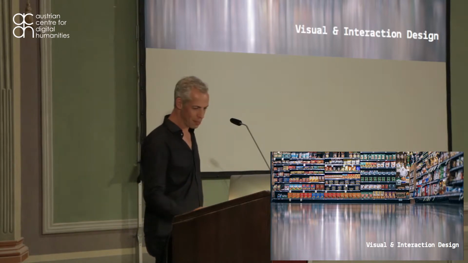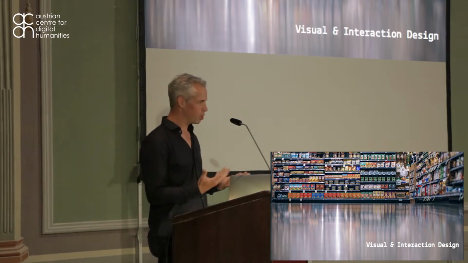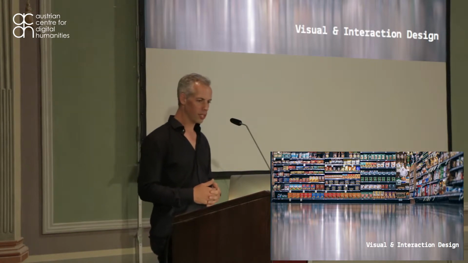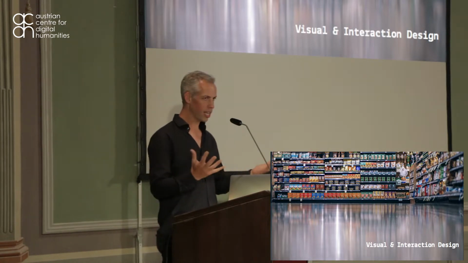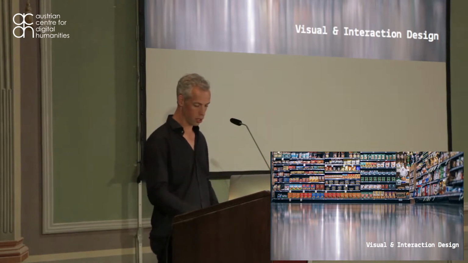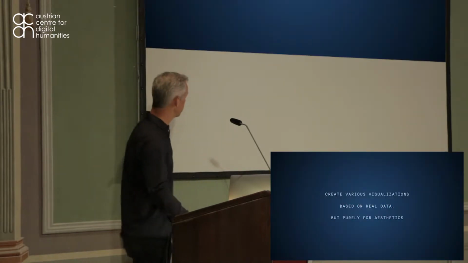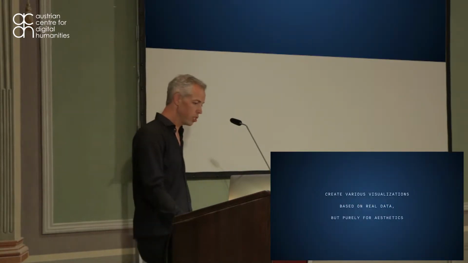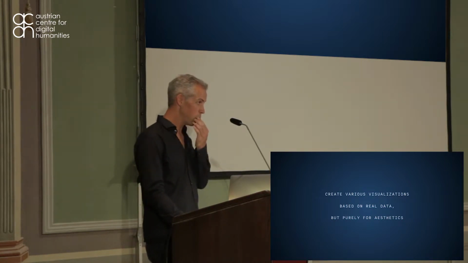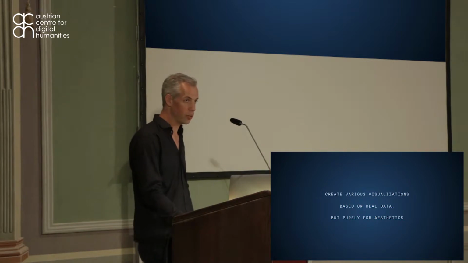So they gave me this assignment, and the way they wanted to incorporate data visualization was that they wanted just nice looking images which they could include in their brochures and flyers and things like that. So this was the assignment they gave me: create various visualizations, but based on real data, which was actually the interesting part because you could also say, why not generate random data?